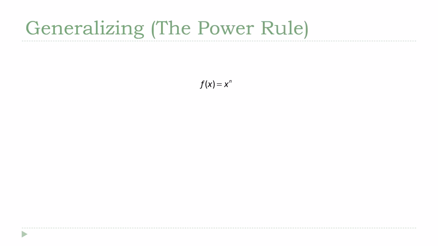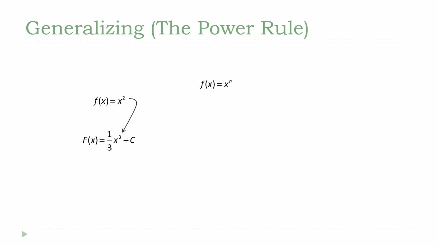Okay, so can we generalize what we just did? Can we come up with a power rule for integrals similar to our power rule for derivatives? Well, yeah, we can do something very similar. First, remember, this is the example we just did. I want you to think through how we got from x squared to 1/3 x cubed plus a constant. First thing I did was increase the exponent by 1.